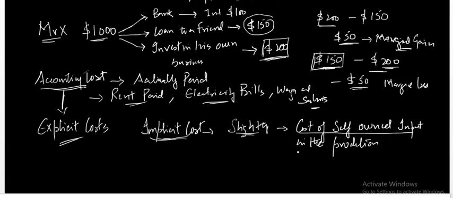Now, I know that the factors of production, or inputs to the production, can be land, labor, capital, and manager.